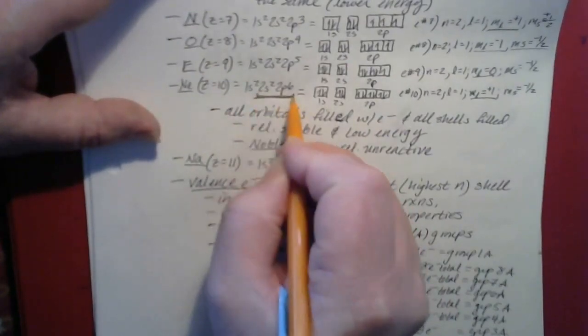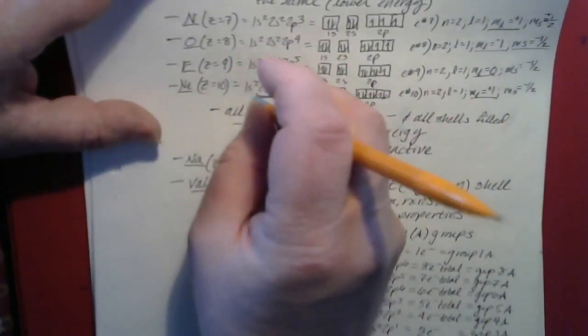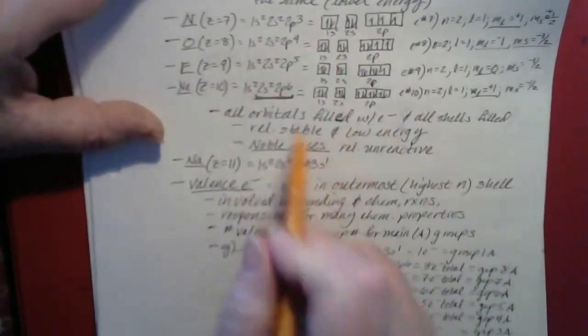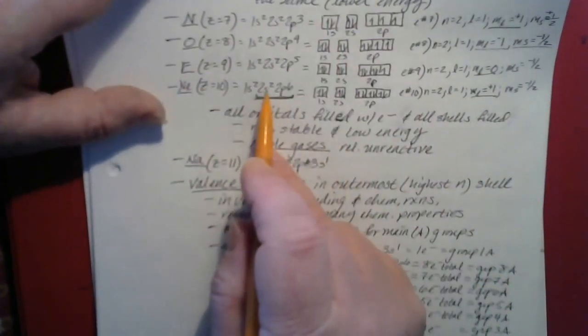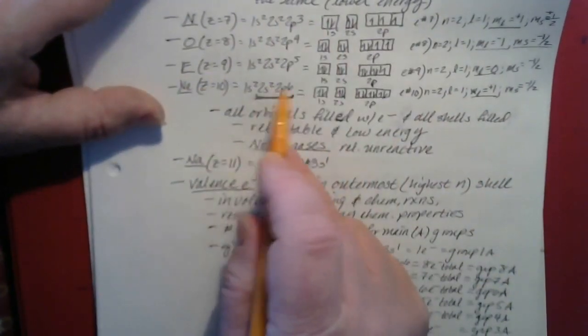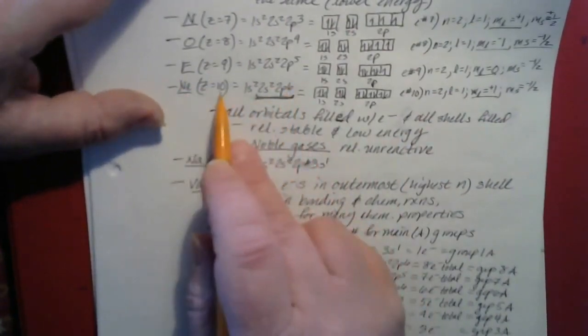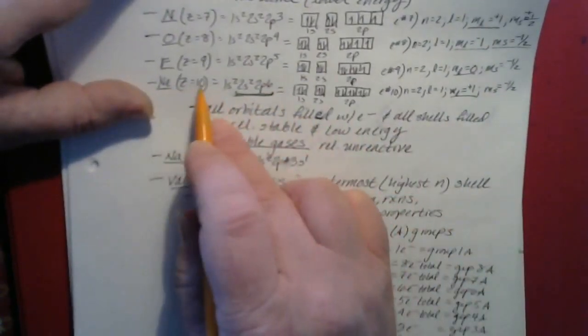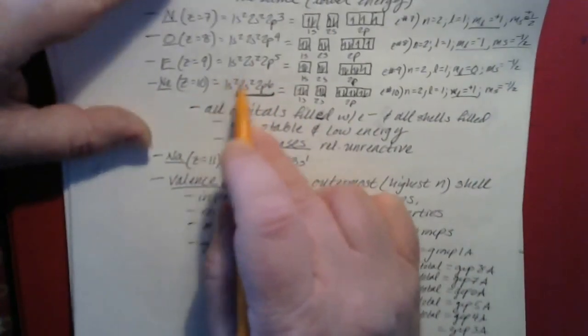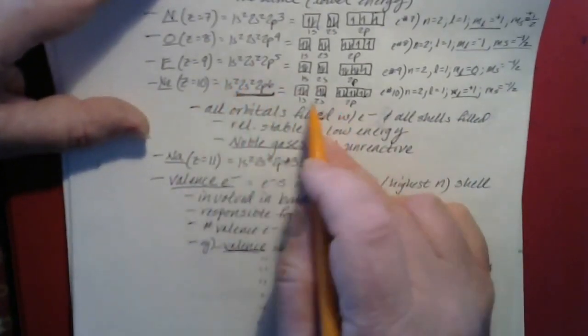It has 6 p electrons, but remember, the valence shell is shell number 2, and in shell number 2 it also has those 2 s-type electrons. So 2 plus 6 would be 8 electrons in the valence shell. That's why it's in group 8A. 10 electrons overall, because in addition to the valence electrons, you have the 2 electrons in the first shell.